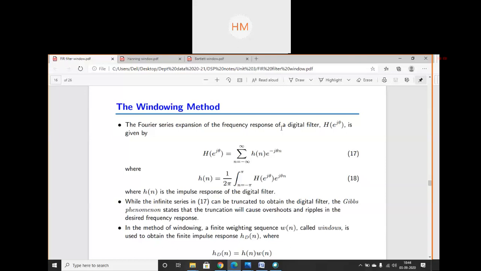So those equations we have studied. FIR filters are known as non-recursive filters. They don't have any closed loop. They are open loop systems.